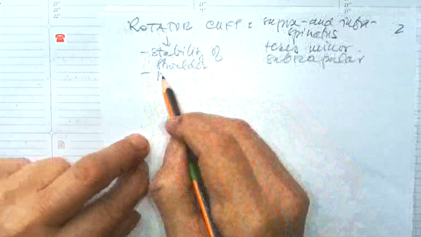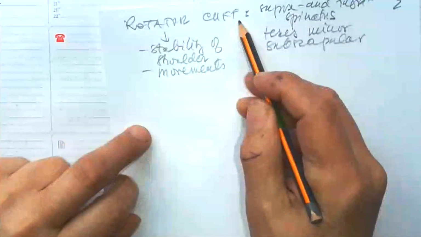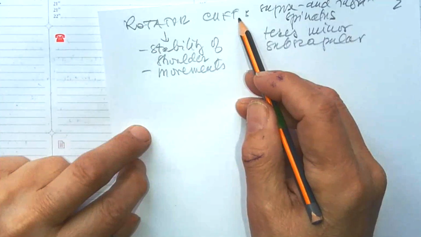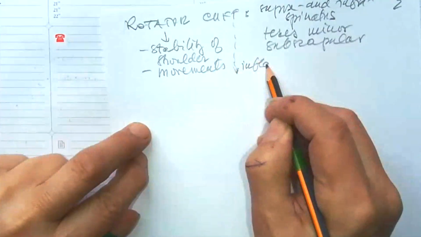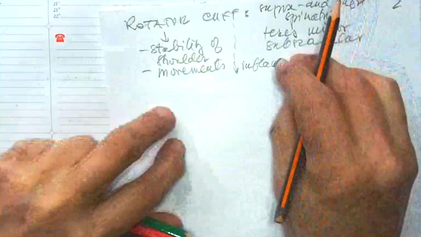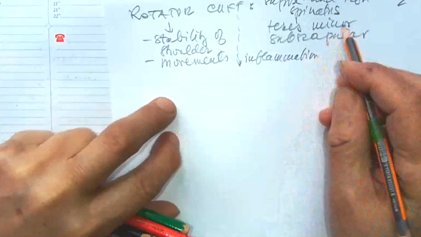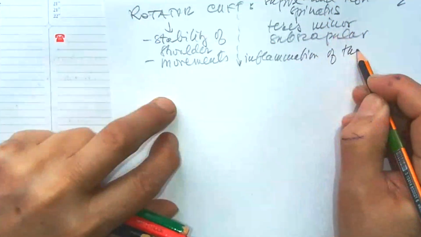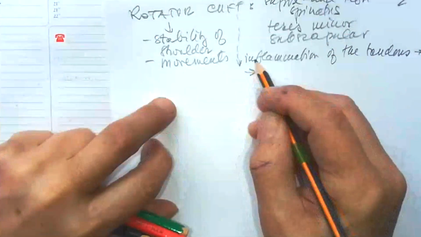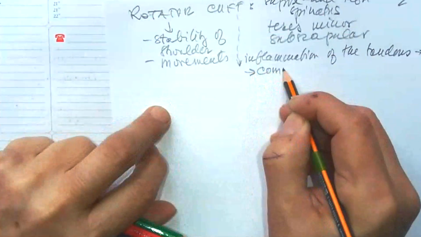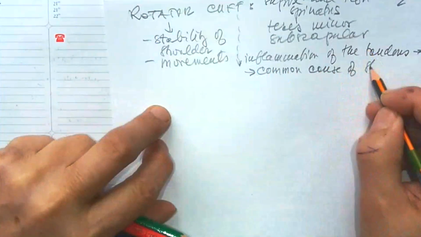Shoulder stability, movements definitely, but also a negative point is that the infection, or in fact any type of inflammation, not only the calcification of bursae but also inflammation of the tendons of these muscles, may cause, or is really a common cause of shoulder pain.